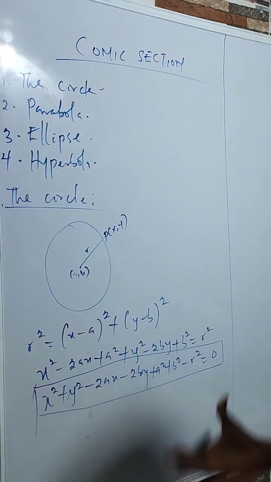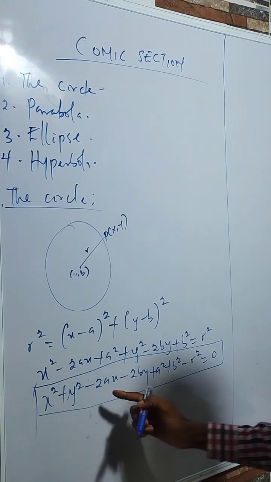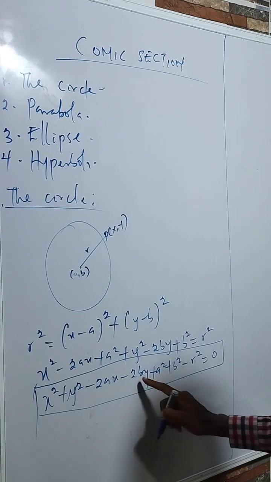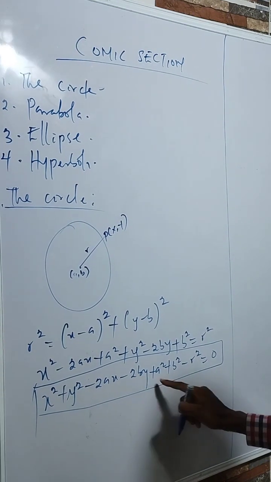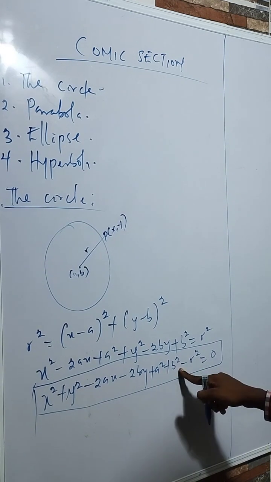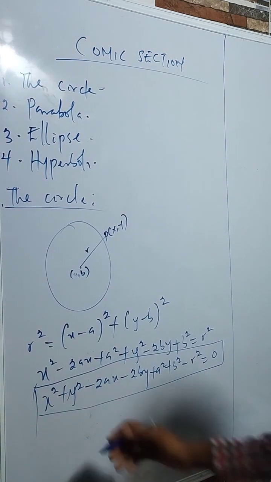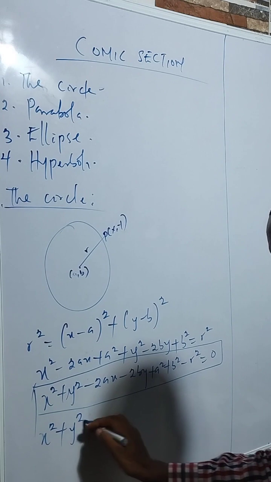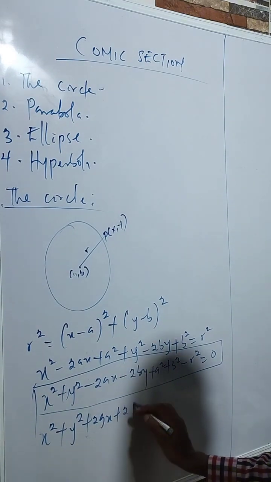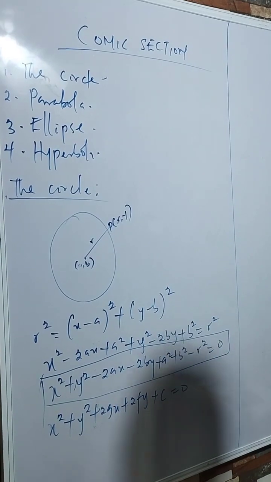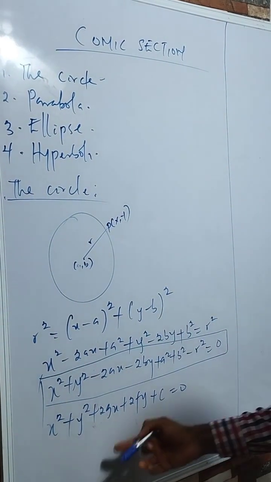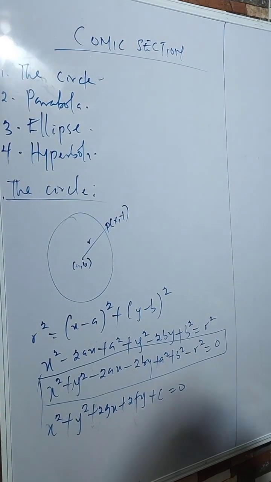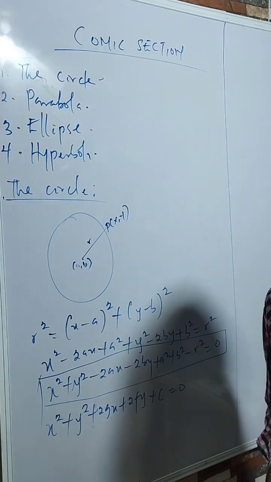We reduce it to be more positive: if I make a as my minus g, and I make b as my minus f, and I summarize a squared plus b squared minus r squared as c, then this equation reduces to x squared plus y squared plus 2gx plus 2fy plus c equals 0. And this is exactly what we have been using to solve the circle. This formula explains the general equation of a circle.